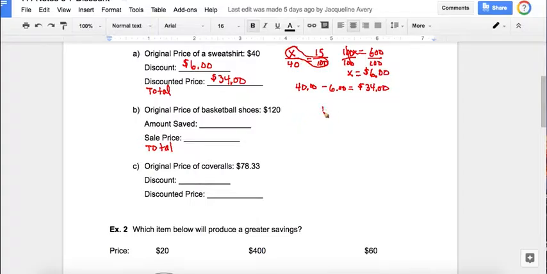We're still using 15%, so it's going to be 15 over 100. And the original price this time is $120. So X times 100 is 100X. And 15 times 120 is 1,800.